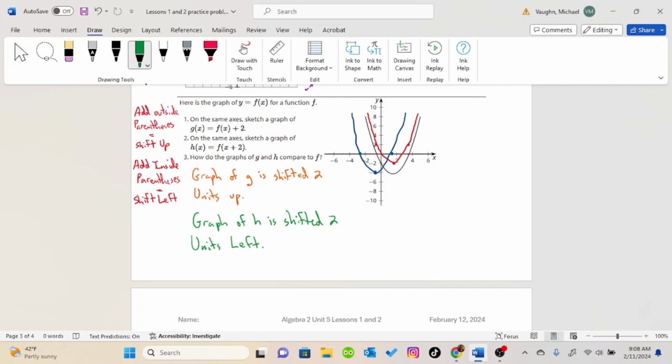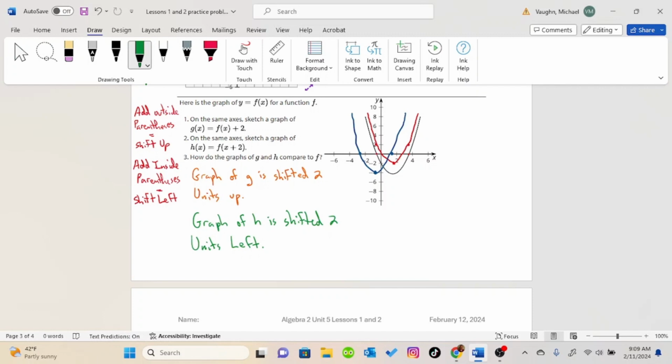You need to make sure you understand these shortcuts of looking at the equation and knowing what kind of transformation you have, because it's going to make all of this work moving forward in lessons and on your tests that much easier. I don't have to keep plotting points to draw. I know that if I add 2 outside the parentheses, I'm just shifting everything up 2.